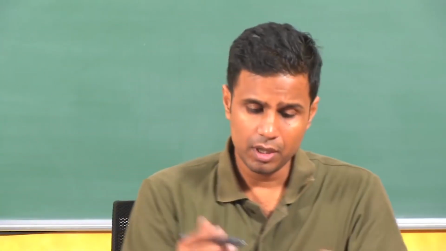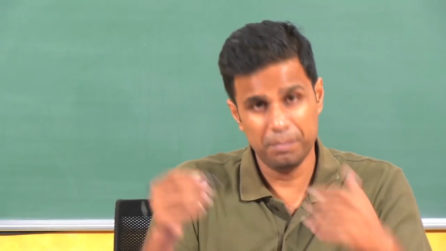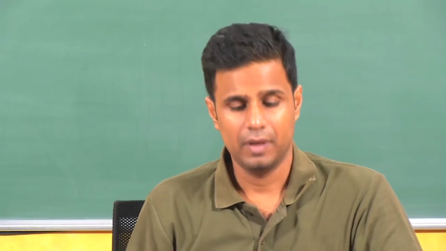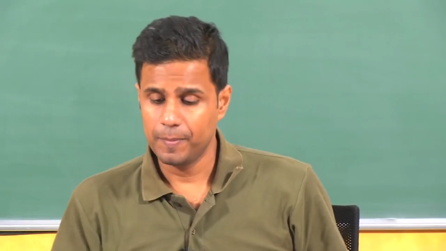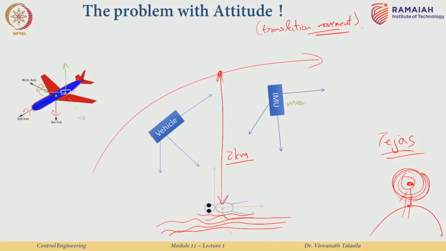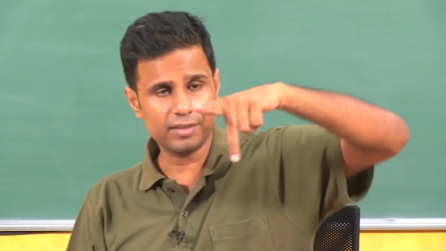So in that case the axis of the IMU will be like this, that would be the forward axis, this would be the pitch axis if you want to call it, and that would be the vertical axis, and you can see the two axes are not aligned at all, which means the IMU, which measures the aircraft acceleration and angular velocity, is measuring it in its own frame of reference, right, the 3 axes of the accelerometer.